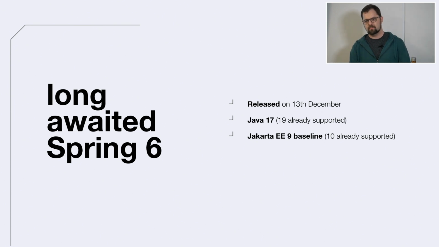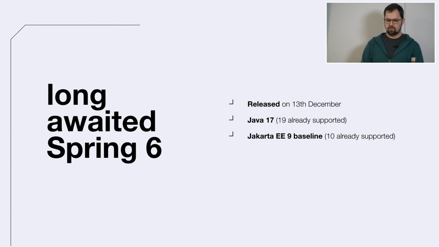So we were waiting for it for some time now. Spring 5 was released somewhere around 2017, and Spring 6 came out just last December the 30th.